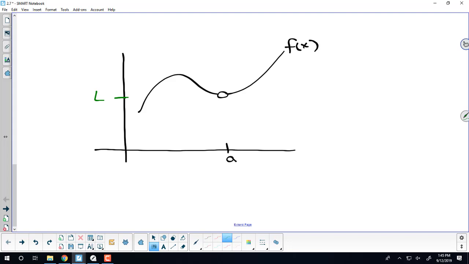And then there's L. So what the definition is saying is, if I'm within this many units of a, then that's going to force my function to be within this many units of L. And it really does depend on the function, right? So I'm not trying to do that justice.